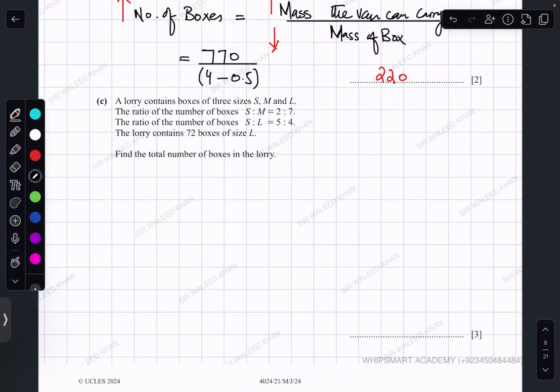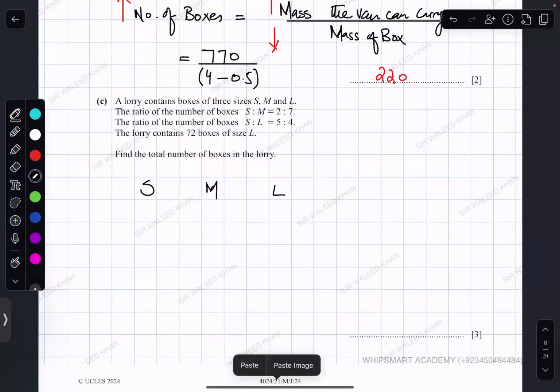So, it's a ratio. We can refer to 3 ratios over here. One is an overlapping ratio. So, small, medium, and large, 3 kinds of boxes.